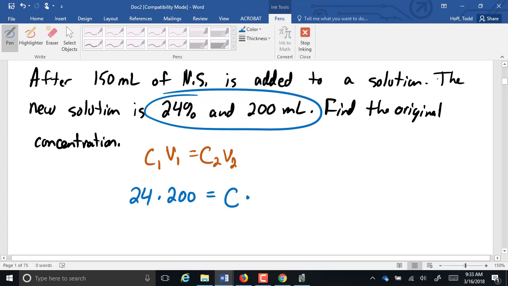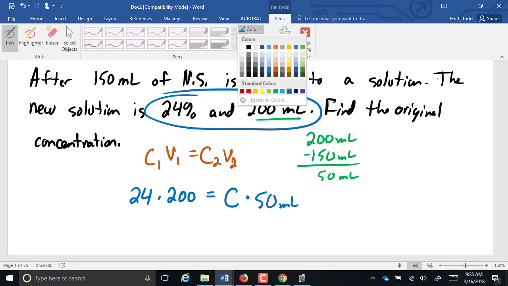We have 200 milliliters after we've added 150. So we subtract 150 milliliters of saline. The original solution was only 50 milliliters. Put 50 milliliters there.